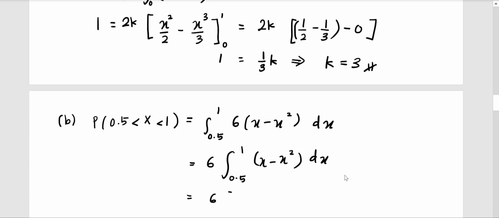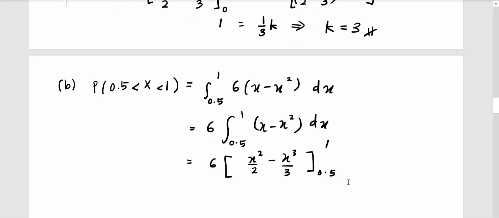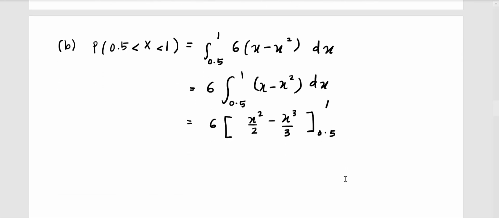After we integrate, we have x squared over 2 minus x to the power of 3 over 3, from 0.5 to 1.